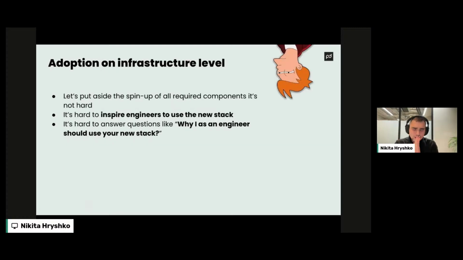But let's put aside the spin-up process of all required components because, of course, it's a hard task, but not really hard. But what is hard? It's hard to inspire your engineers to use a new stack. Sometimes it's hard to answer questions like, okay, folks, why should I, as an engineer, use yet another observability stack?